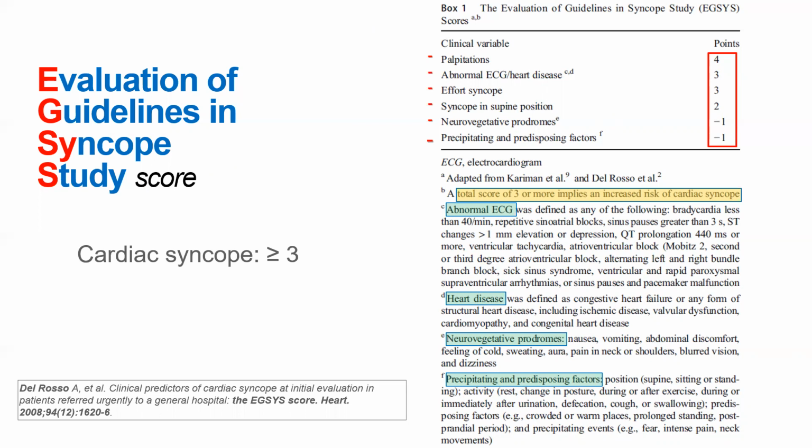The score consists of several clinical variables like palpitations, abnormal ECG, effort syncope, syncope in supine position, neurovegetative prodromes, and predisposing factors. The interesting point of the score is that abnormal ECG, neurovegetative prodromes, and predisposing factors are also defined, and points with negative value are also used.